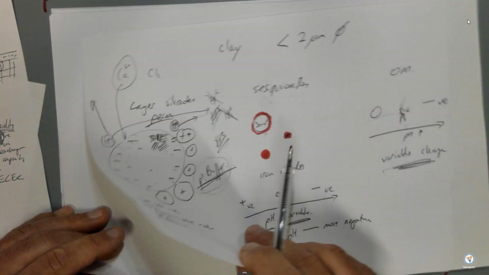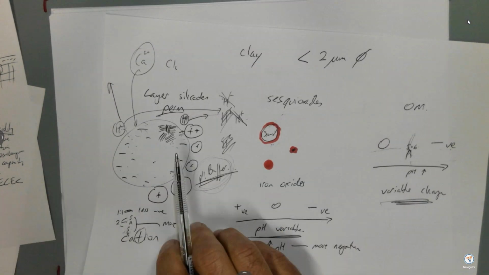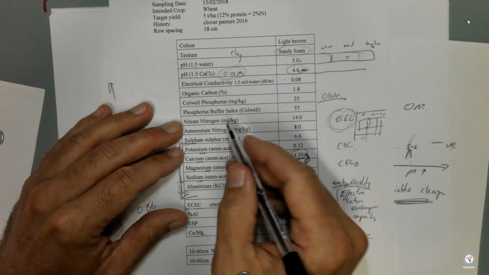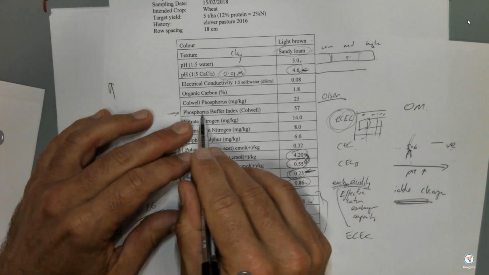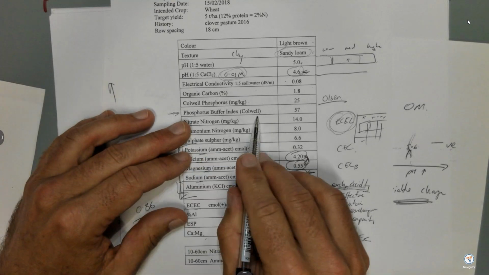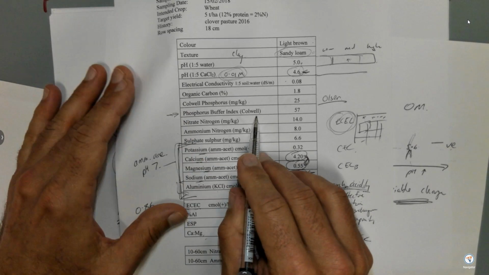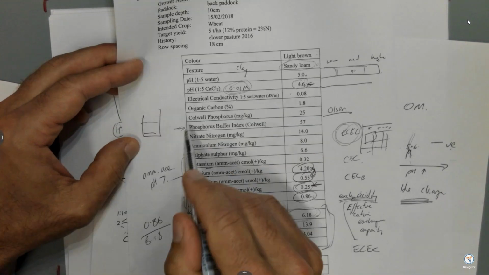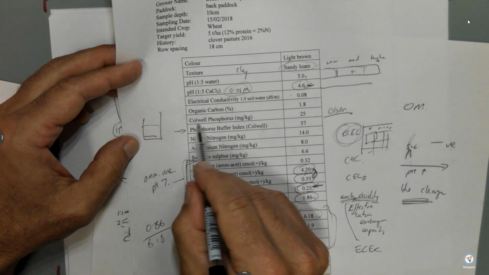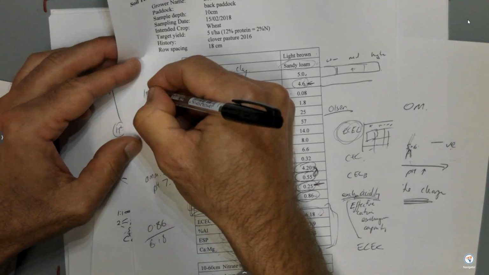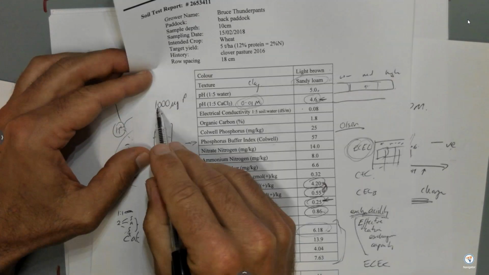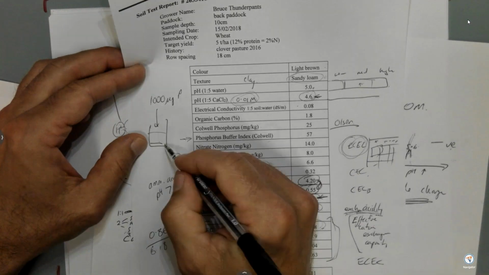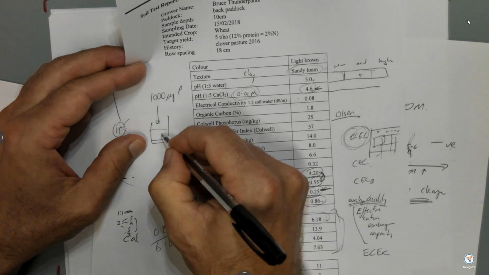Now we want to know about that, and we have that in our soil test as the PBI, Phosphorus Buffering Index. What that literally is, is taking some soil, sticking it in a container with that same extractant solution that we used with the Colwell P, but giving it a spike of P. So a known amount of P goes into that for that same 16 hours, and then we can measure how much P is left in solution.